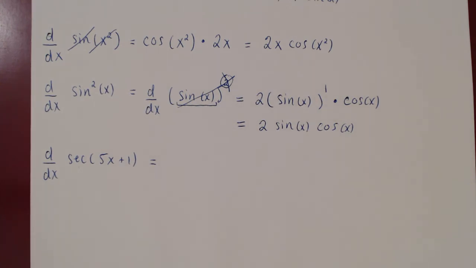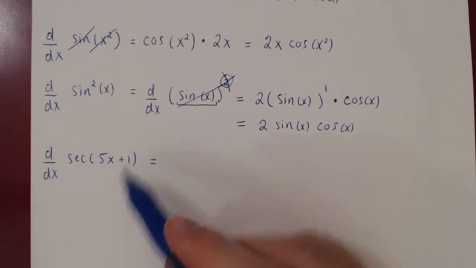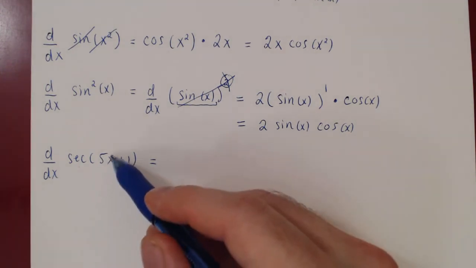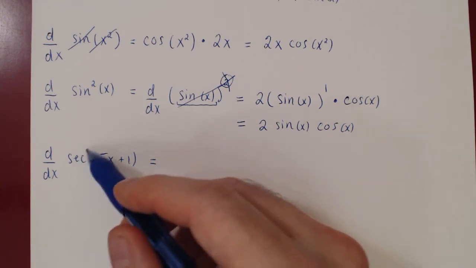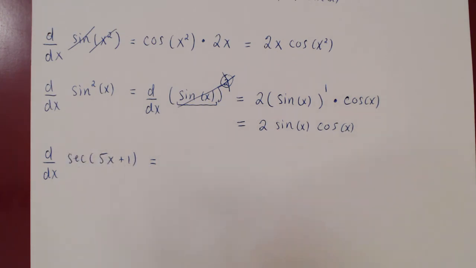We have a composition. So if I give you a value of x and I said to evaluate this expression, you would first do 5 times x, then you would add 1, and then you would find secant of this expression.